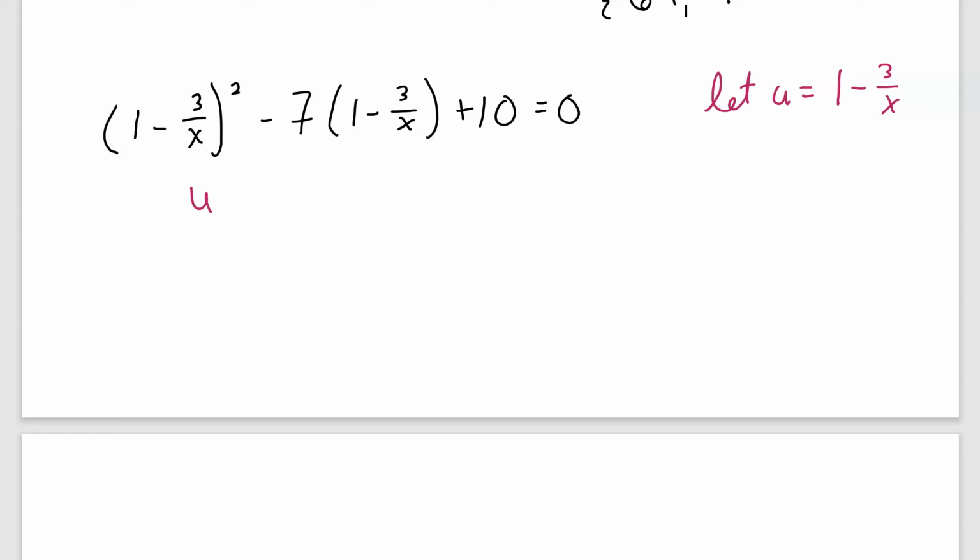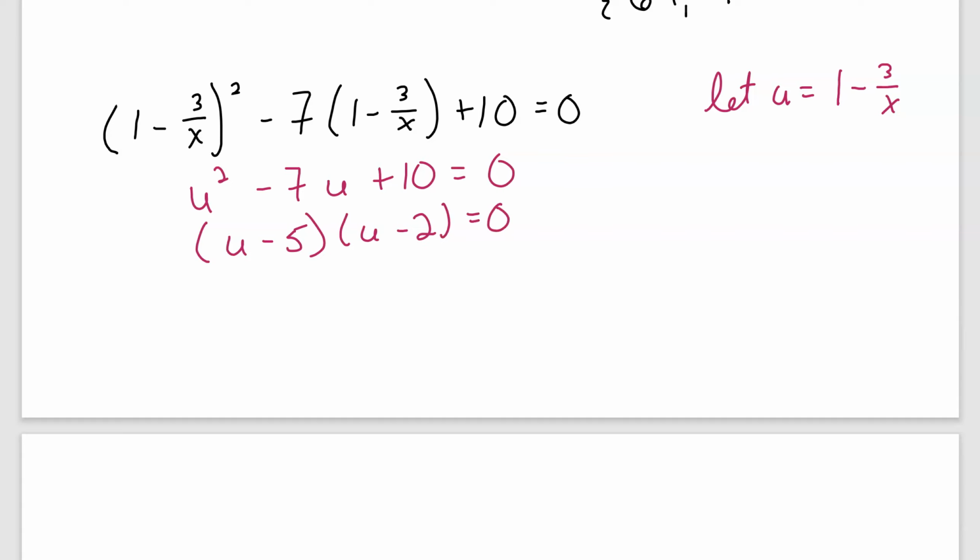This way I get u squared minus 7u plus 10 is equal to 0. So then I factor, and I get u minus 5 times u minus 2 is equal to 0. So I get u is equal to 5 and u is equal to 2.